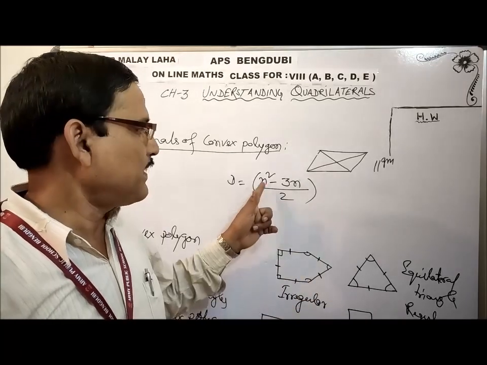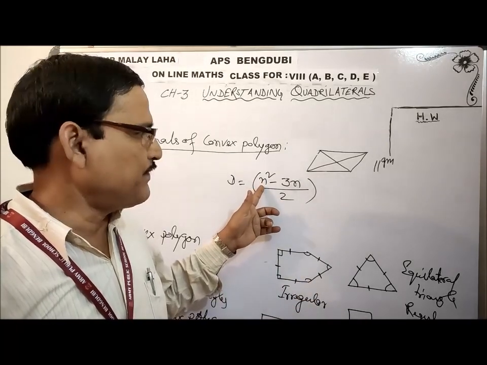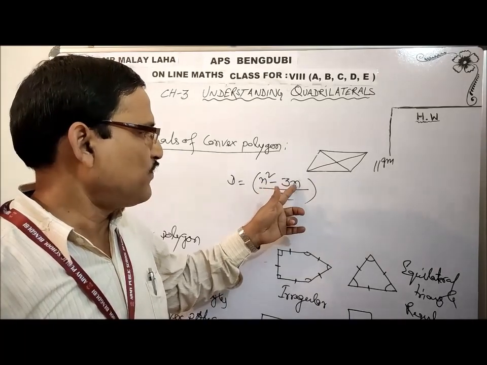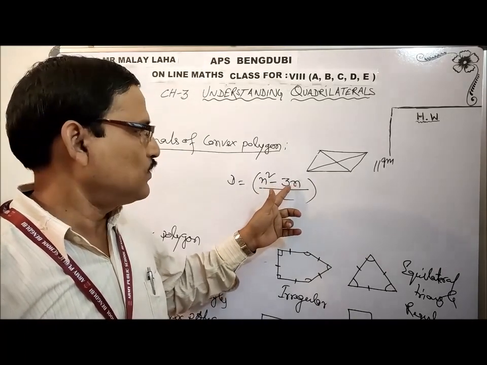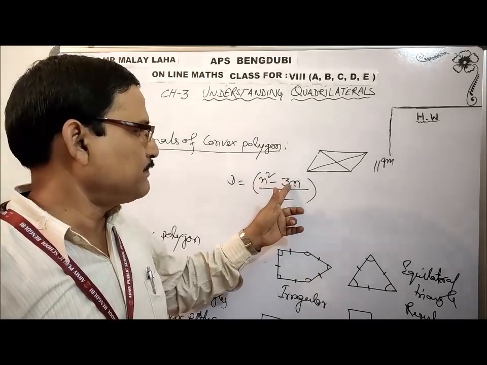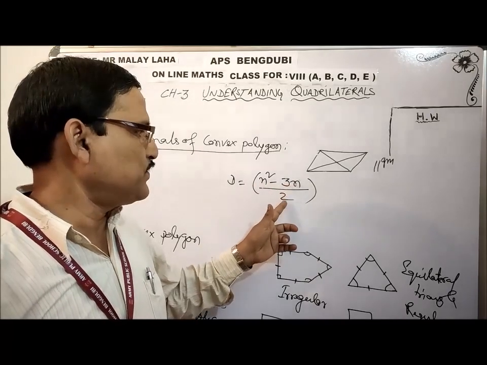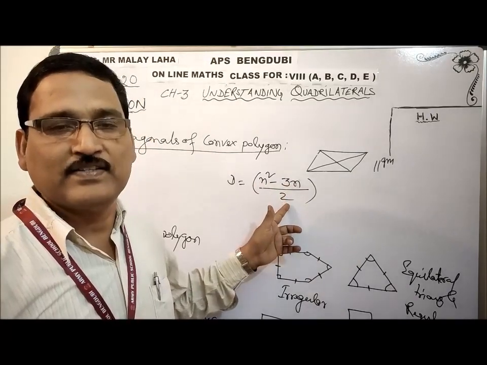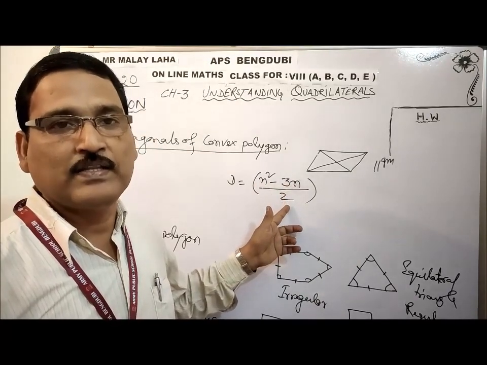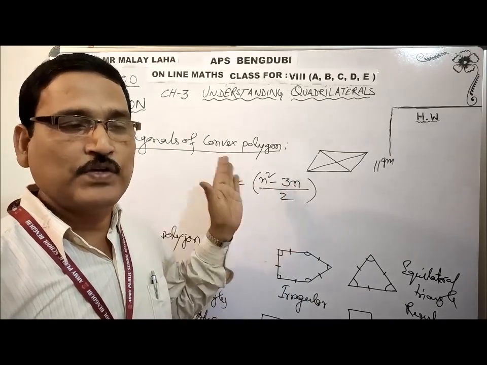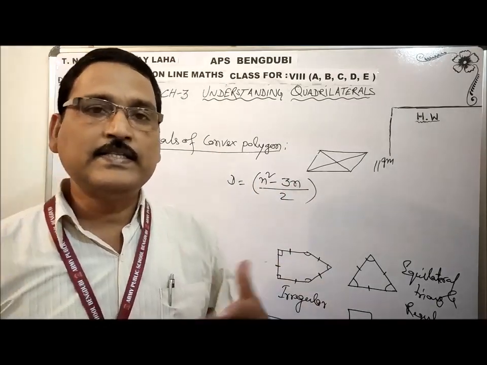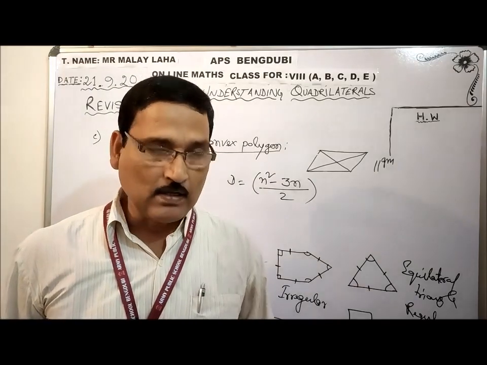Then pentagon. 5 square is 25. 25 minus 3 into 5, n refers to 5, so 15. 25 minus 15 is 10. 10 divided by 2 is 5. So in case of a pentagon, the number of diagonals is 5. If you remember this formula, you can easily find the number of diagonals.